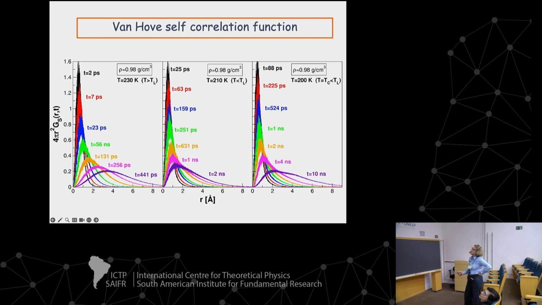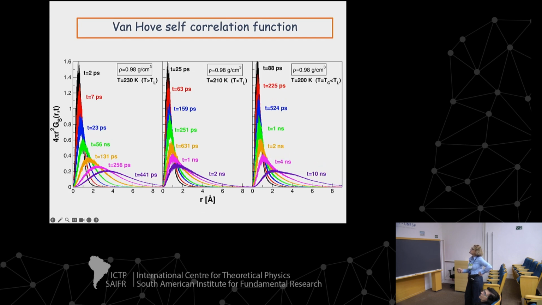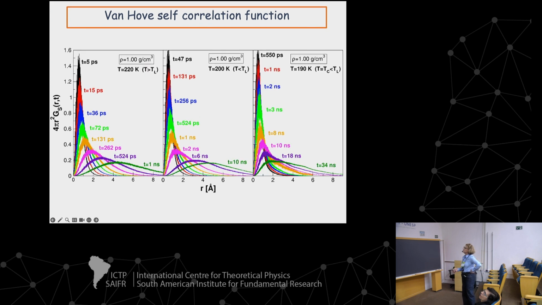So this is again it, 10 nanoseconds. So that was 0.95. This is 0.98. And look here, so this is for T larger than the crossover temperature. This is for T less than the crossover temperature, but this is for T equal Tc, where you start at Tc seeing explicitly the hopping.